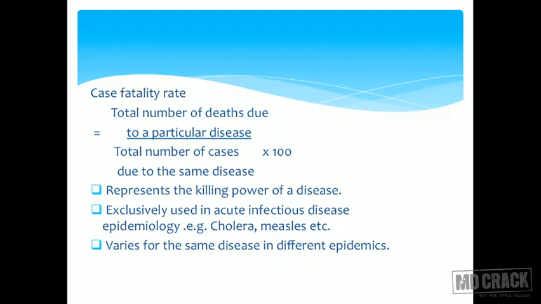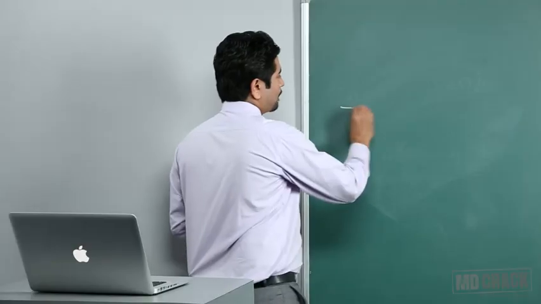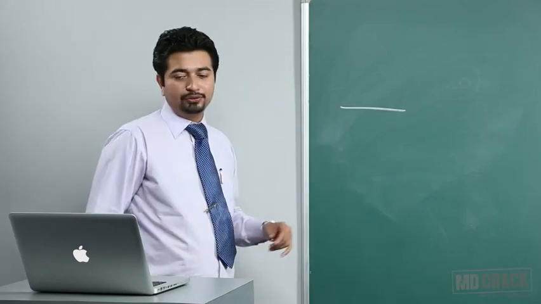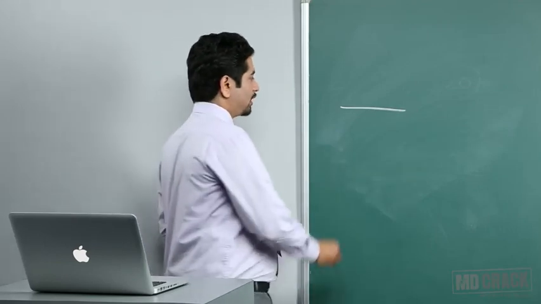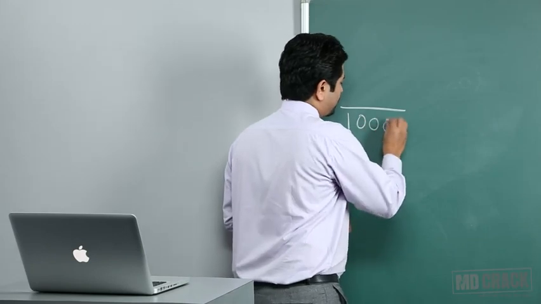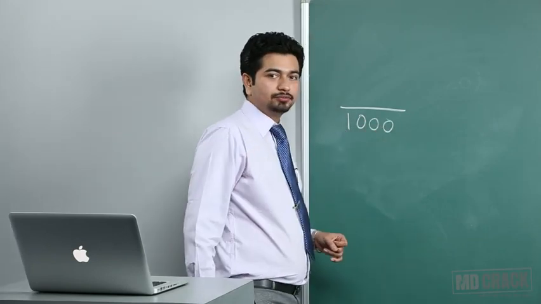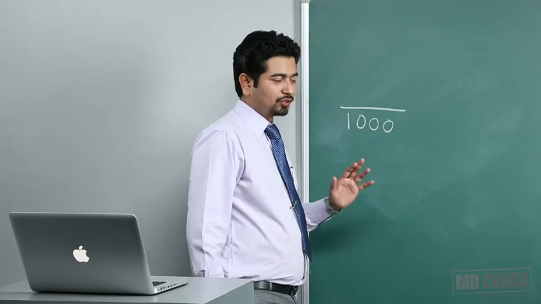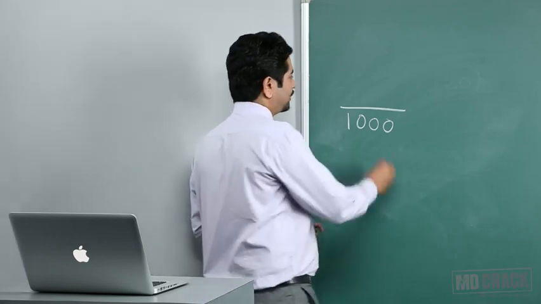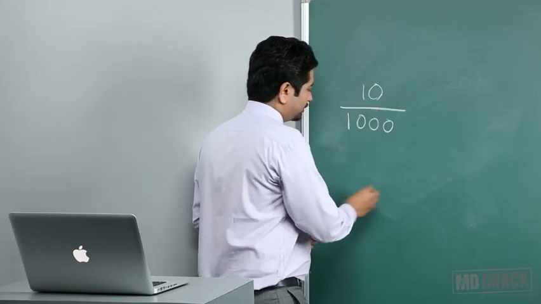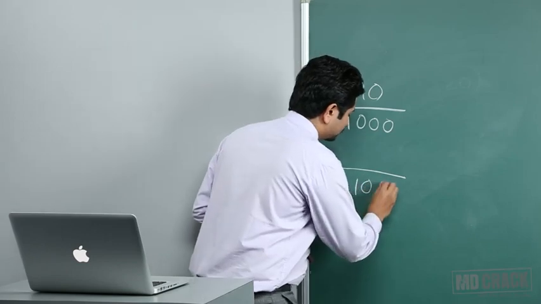If you put the numbers into the formula, there are many patients of a disease, but the total number of cases is still larger. Tuberculosis is not that fatal. Say for example you have total number of cases of tuberculosis are 1000. How many die of tuberculosis? Ages ago a lot of people died. Right now very less. We'll do the same thing for rabies.